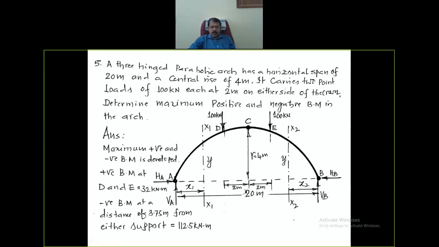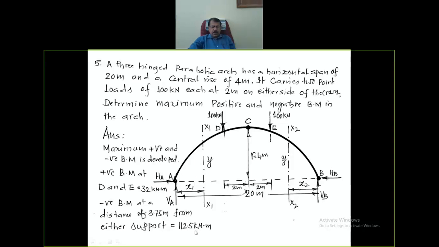Substituting the distances in the original equations of bending moment, compute the value of bending moment at those two sections. The magnitude of the bending moment obtained at those two sections is 112.5 kilonewton meter. The nature of the bending moment is negative.